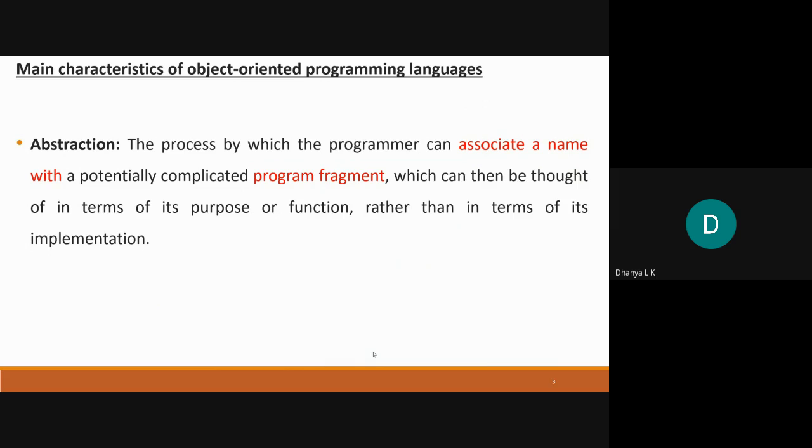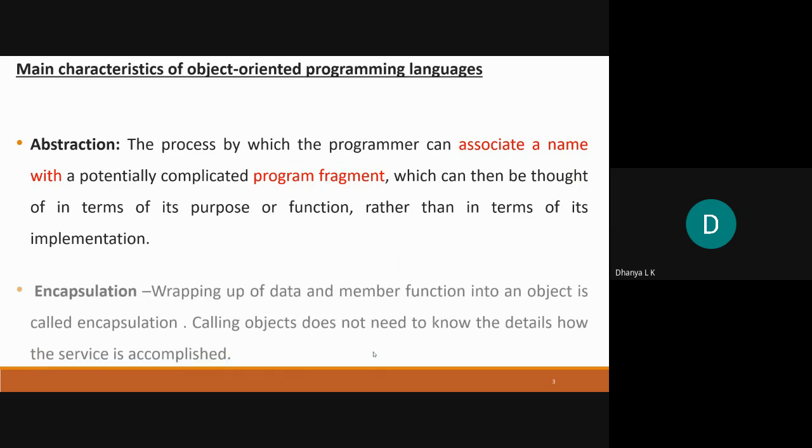The user or software developer cannot see the implementation details of that function, so it is hidden from the user. We can implement abstraction by giving a name to a program fragment. That program fragment can be called a function, subroutine or procedure. So that is abstraction.